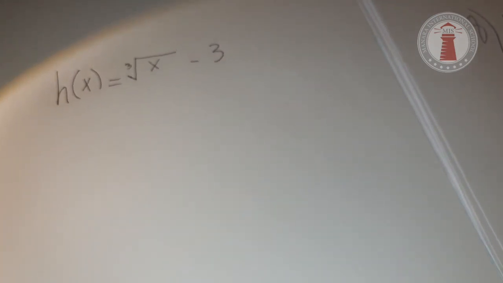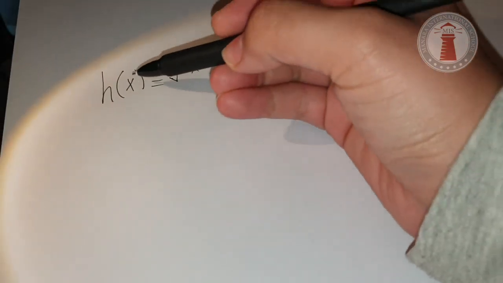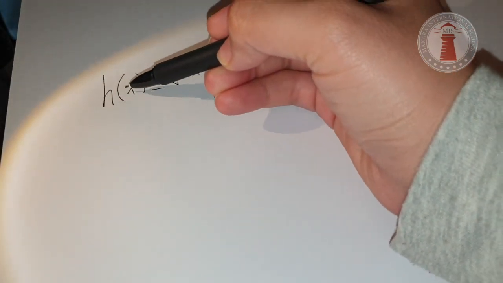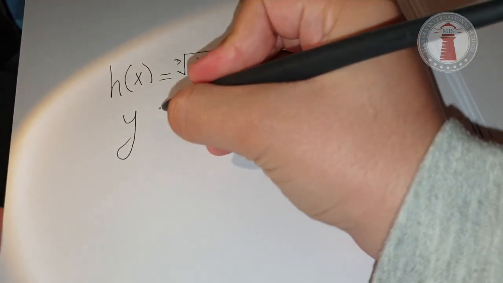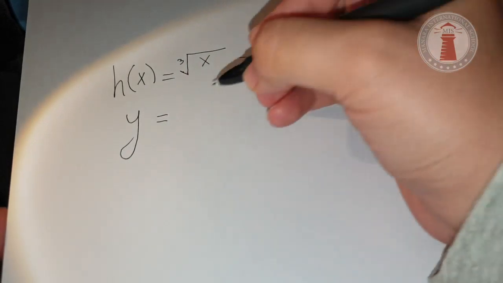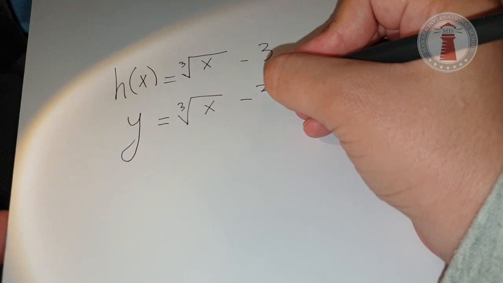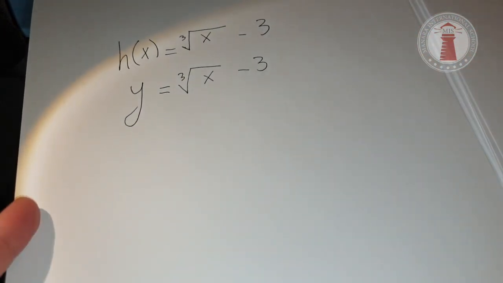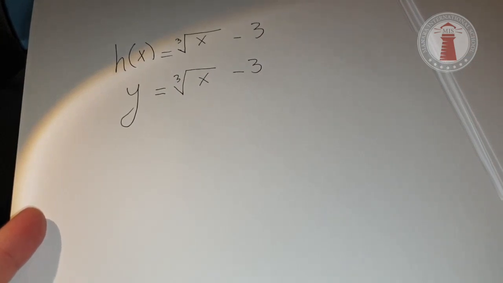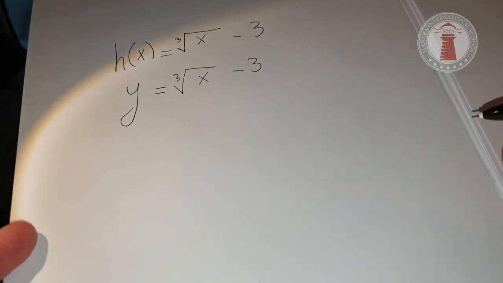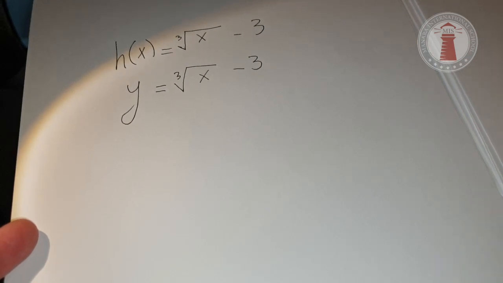Now the steps that we need to do here are, first of all, we change the notation of the function into y. So instead of h of x, we write y equals the third root of x minus 3. The second step is we solve for x, which means we need to put x on one side and the rest of the variables and constants on another side.